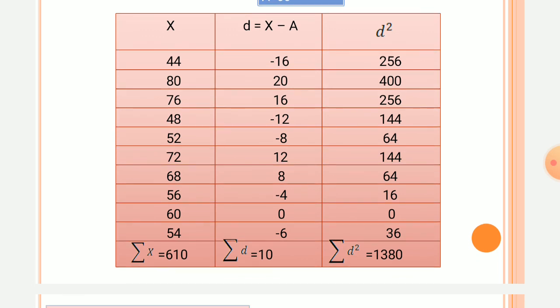So sigma d square is equal to 1380, sigma d is equal to 10, and sigma x is equal to 610.